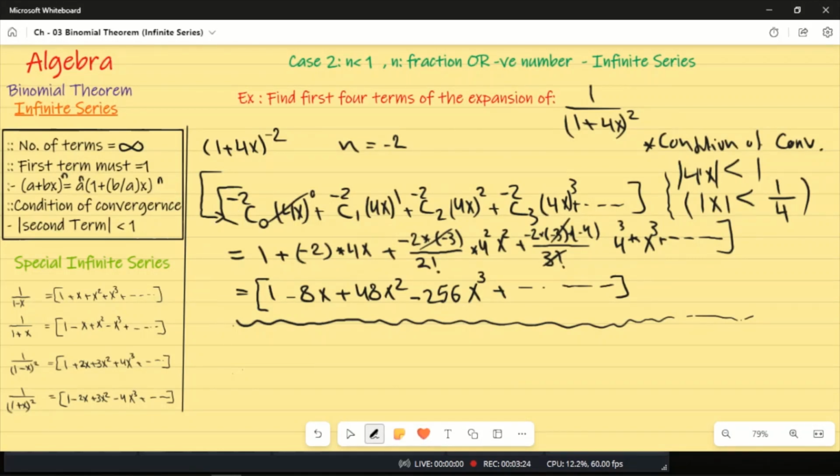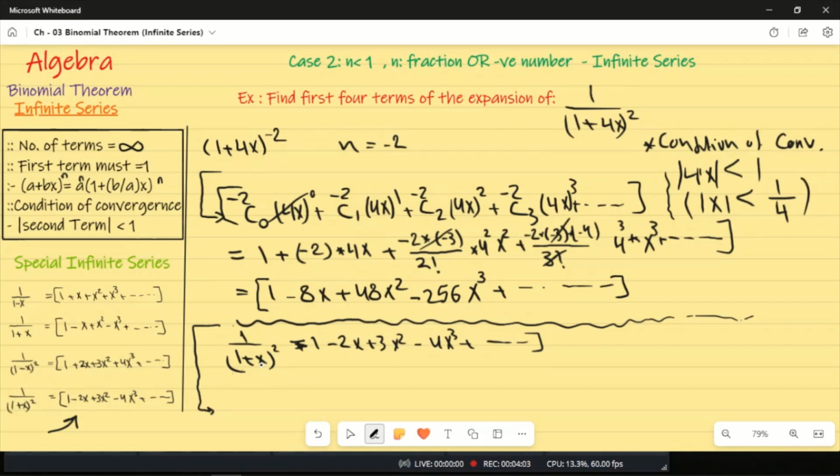Okay, but we can solve this in an alternative way. If we look here, this expression is similar to this plus expression. So let me write this here: 1 by 1 plus x all squared is equal to 1 minus 2x plus 3x squared minus 4 cubic x plus.